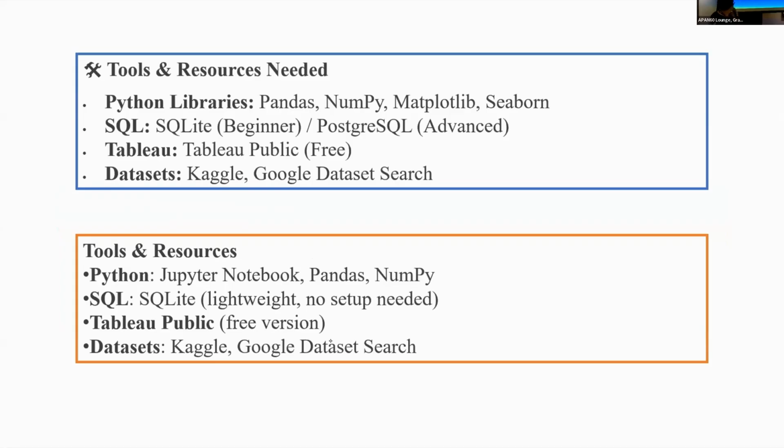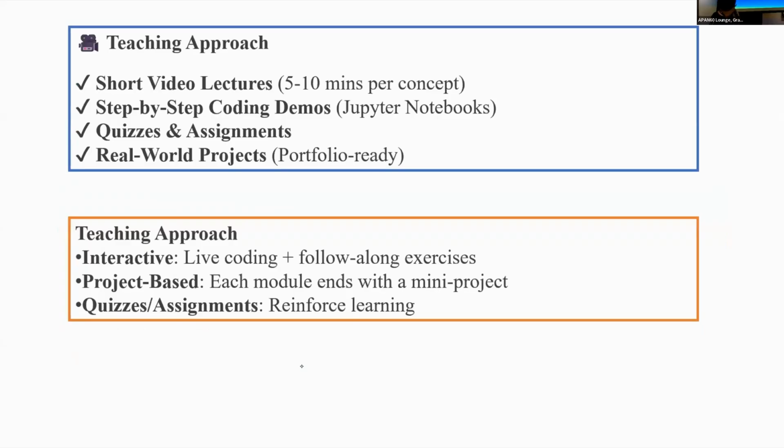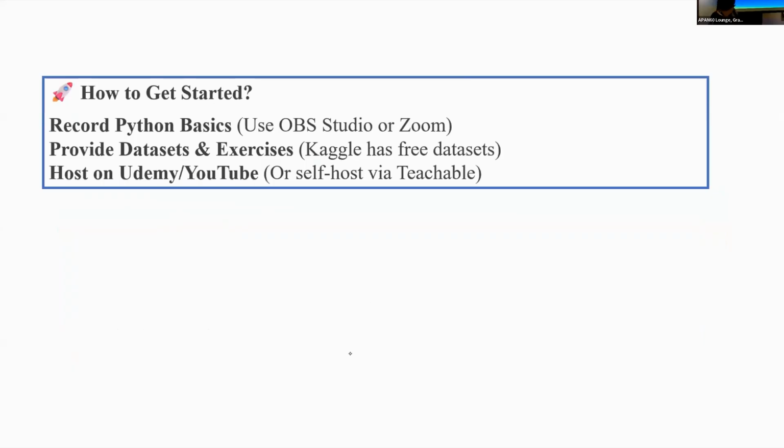And for the tools and resources that I need, I have to prepare them. And for the teaching approach, we can use short videos, step-by-step coding, something like that. And how to get started was given yesterday, but today AI did not give me this one.